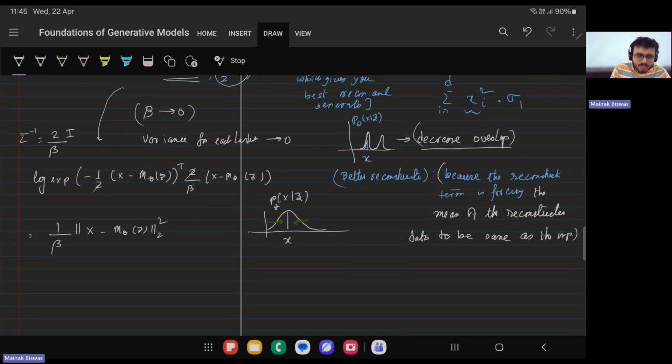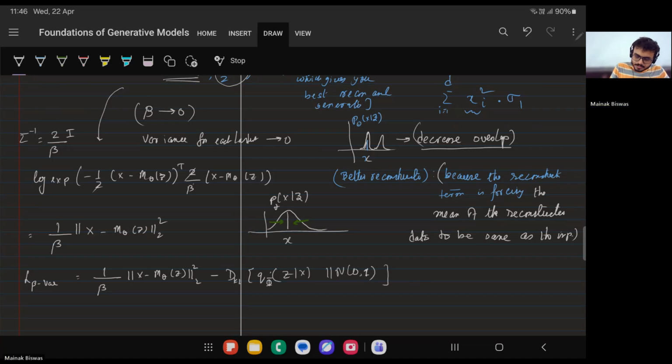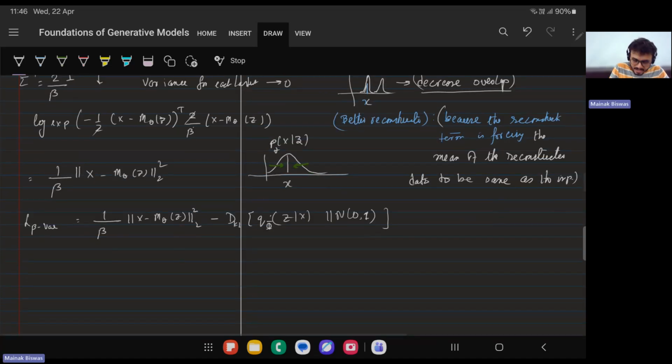Great. So what does your loss function look like? Your loss function of beta-VAE looks like 1 by beta times x minus m theta of z squared, minus the DKL term of q phi of z given x and normal 0, 1. Now, if I multiply a constant throughout, the loss function would have the same minimum value.